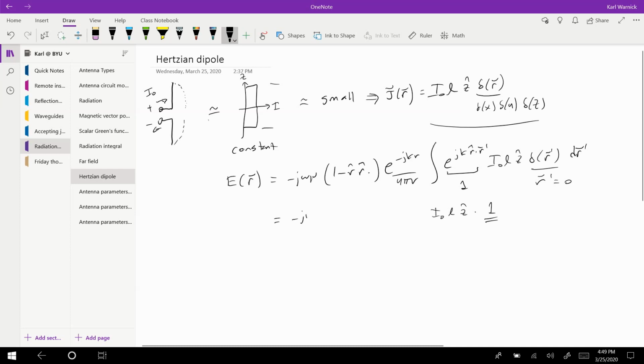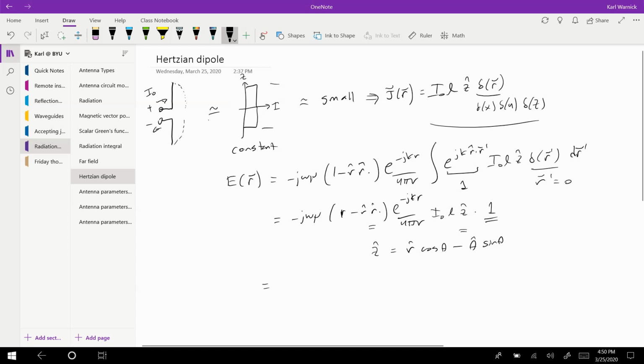Now we just have to apply the vector part and the e to the minus jkr over 4 pi r to that. We have the electric field. Now at this point we have a little bit of an issue because we have to combine spherical coordinates with rectangular coordinates. And that is a table lookup thing. I go to Wikipedia or a textbook. This table is found in many books, but we can write z hat as r hat cosine theta minus theta hat sine theta.